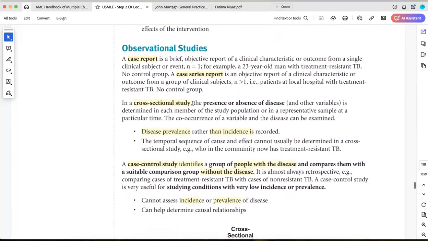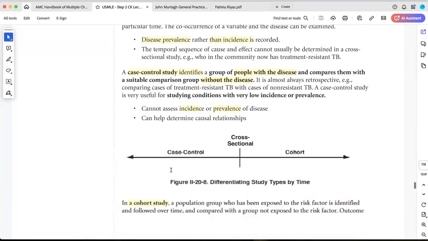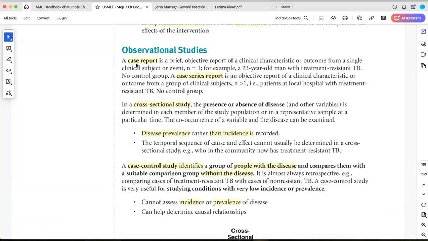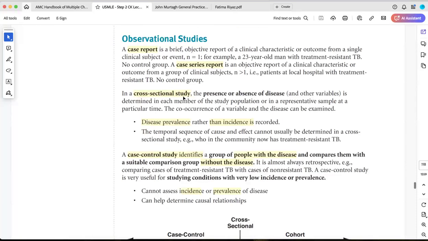Now, as part of observational studies, we have case report, case series, cross-sectional study, case control, and cohort. Case reports and case series are not statistically significant. If you take a history from a patient and write a note about that patient, that becomes a case report.